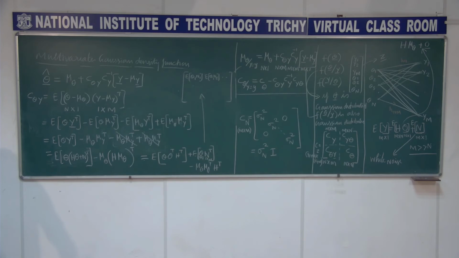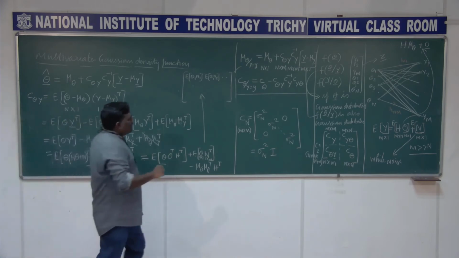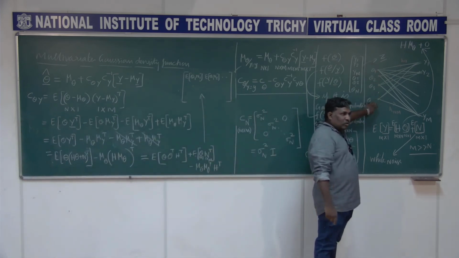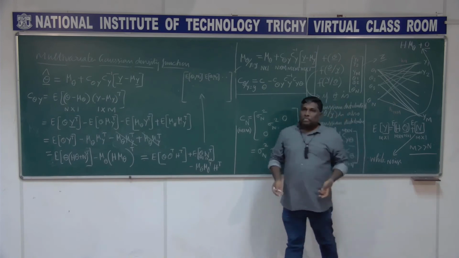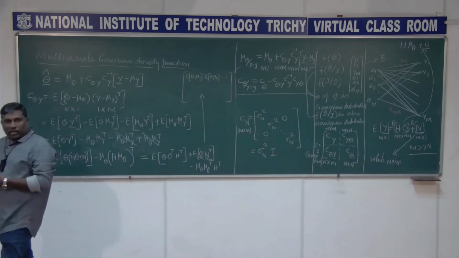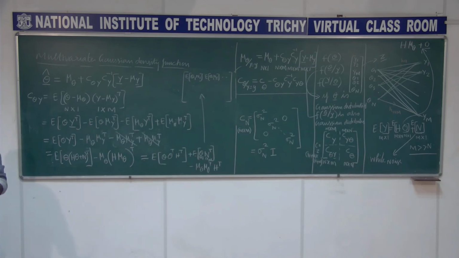Now, this theta and n, what are those things? Theta is the random variable associated with what you transmit, and noise is the additional thing that is added at the end, finally, h theta plus n.